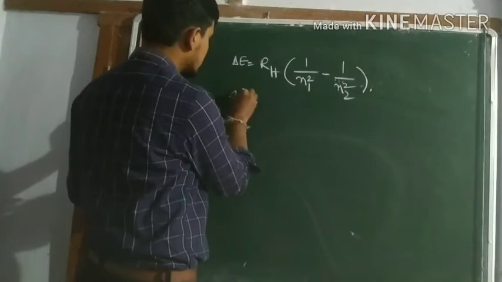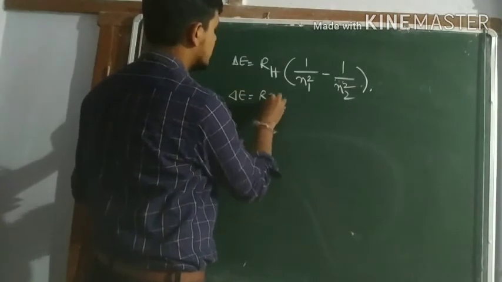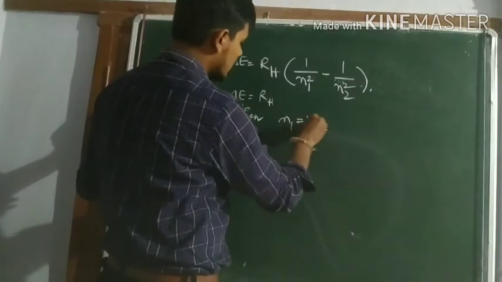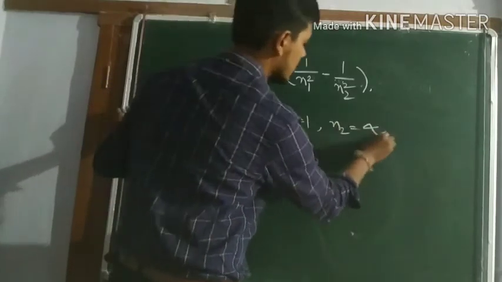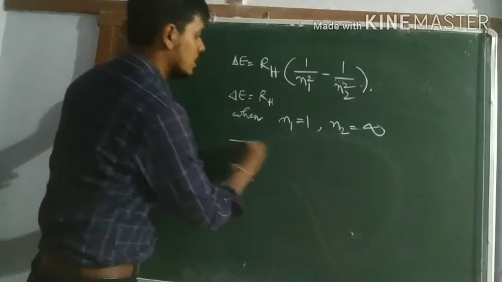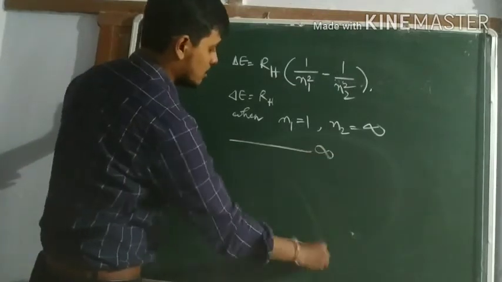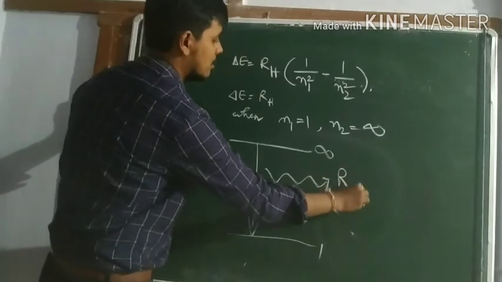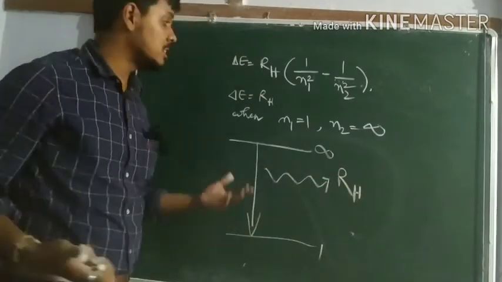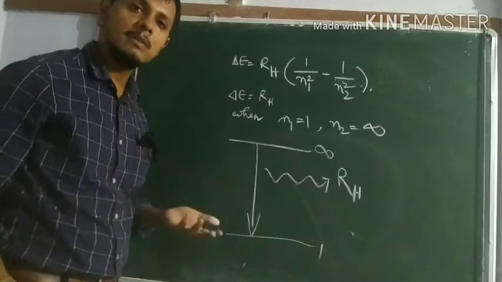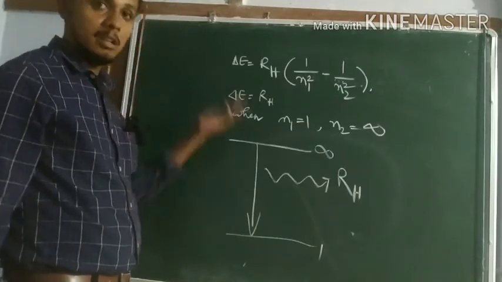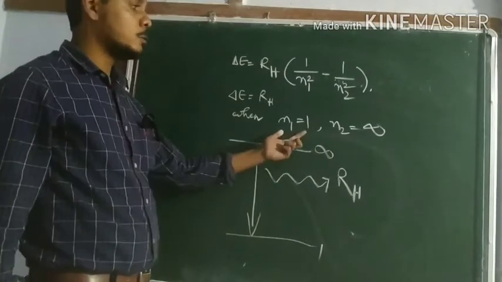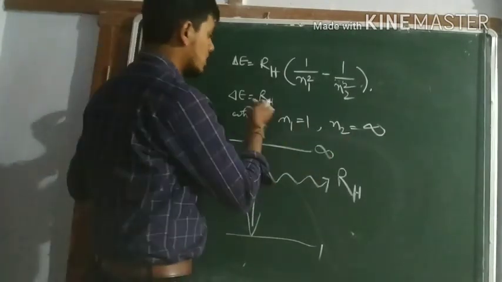So delta E equals RH when n1 equals 1 and n2 equals infinity. When the electron comes from infinity to 1, how much energy is released? RH amount of energy will be released. So this is the physical significance of the Rydberg constant, which is important. So delta E equals Rydberg constant when n1 equals 1 and n2 equals infinity.